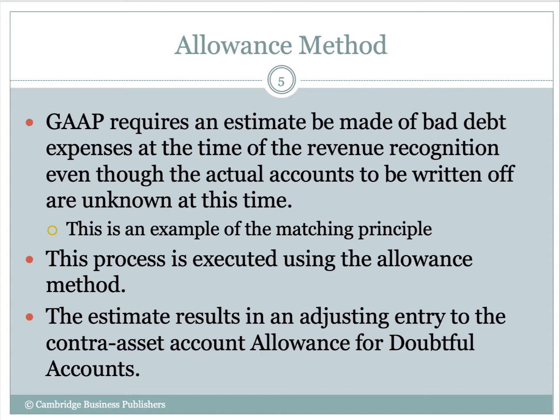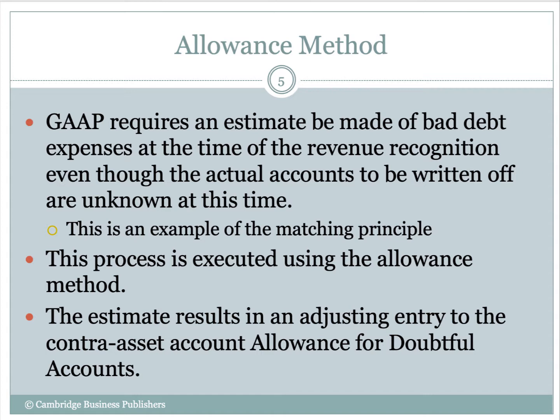Why? Because it goes back to revenue recognition, matching revenue with the expenses that revenue helped generate. Any loss on a receivable is a bad debt expense, and because of the revenue recognition principle, we have to match up those losses.